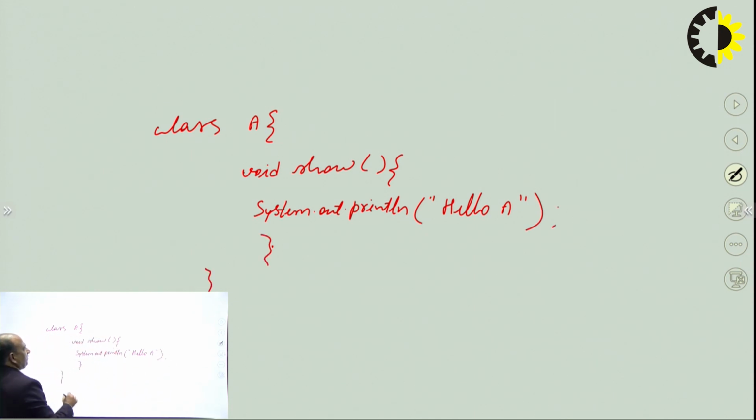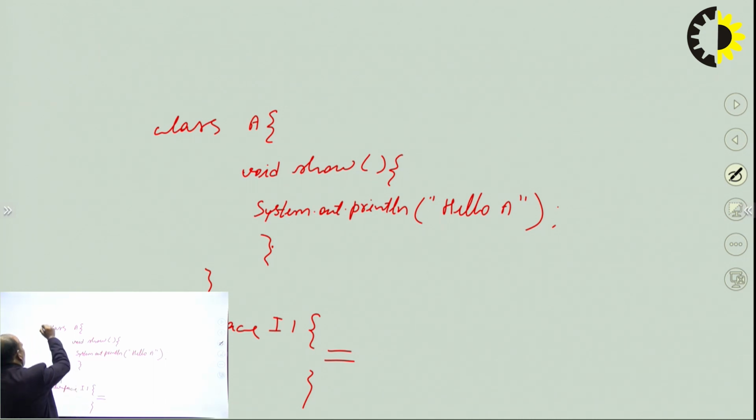Let's say we have a class named A, and this class contains a method show. Similarly, we can create a number of classes and a number of interfaces over here, and let's say I have created interface I1, and this interface has certain abstract methods and final variables.